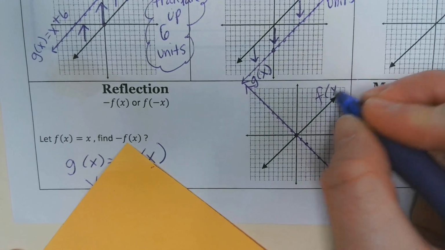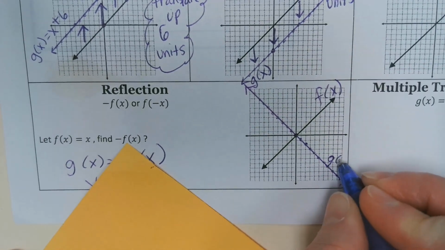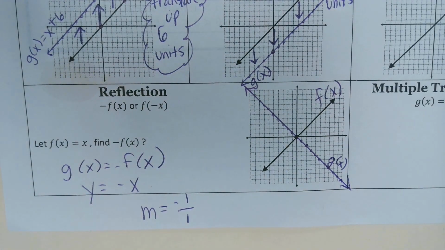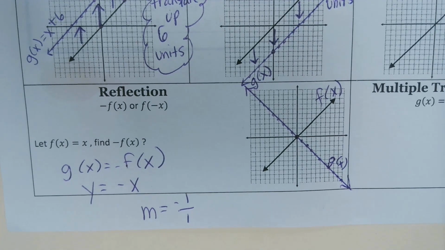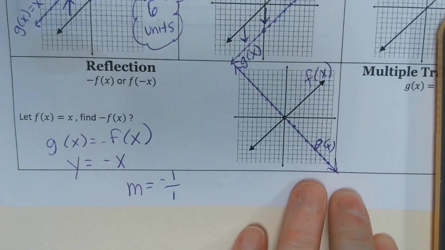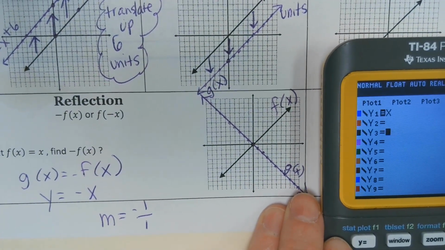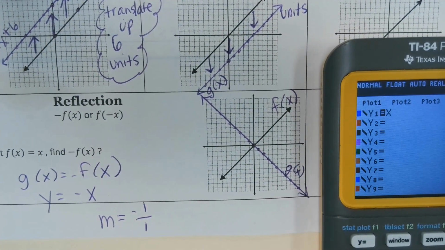This one's f of x. This one's g of x. And we're just using f and g as names for function notation. Go ahead and put this into y equals also. I'm just going to change y2, clear that, clear y3, and put in a negative, not minus.